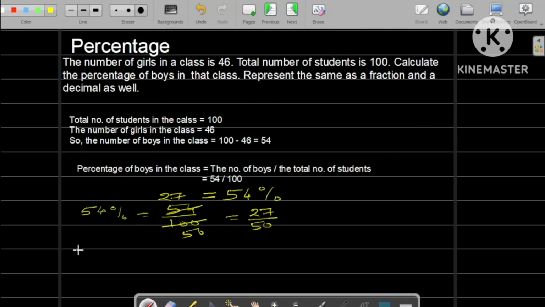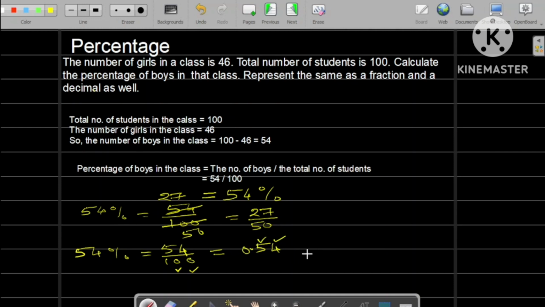Now let us convert 54% into its equivalent decimal. So as usual, we will be writing it as 54 by 100, and then we will be writing the numerator 54. There are 2 zeros after 1 in the denominator, so there will be 2 decimal places after the decimal point over here.